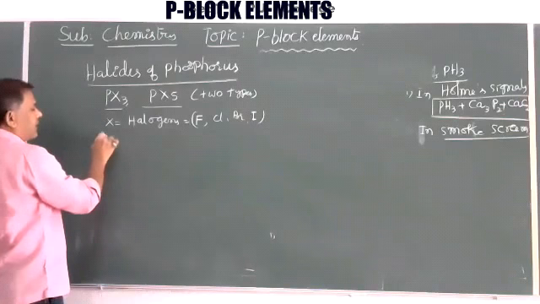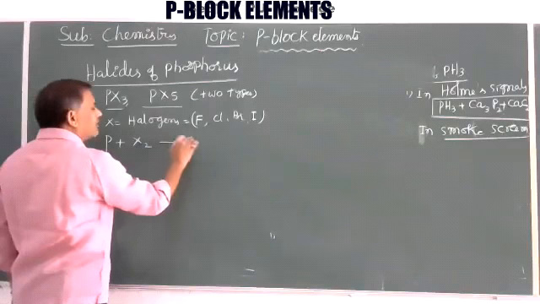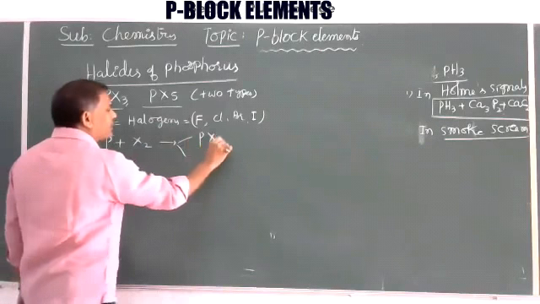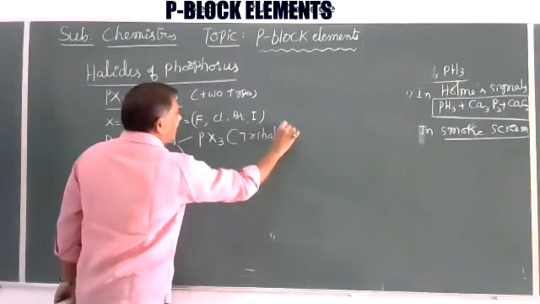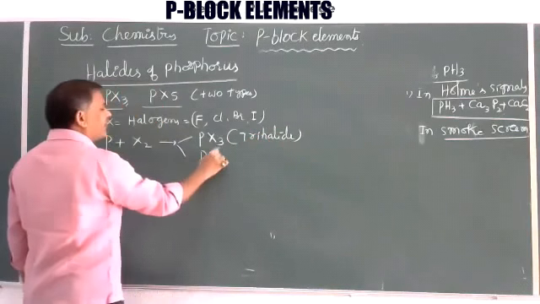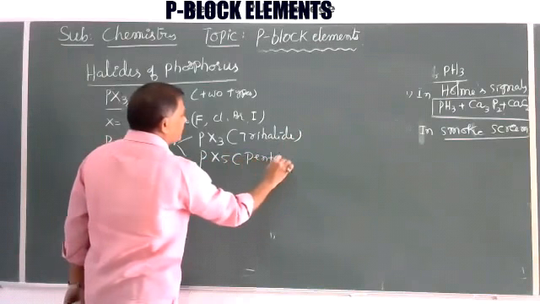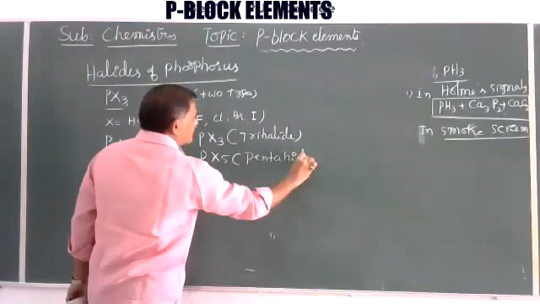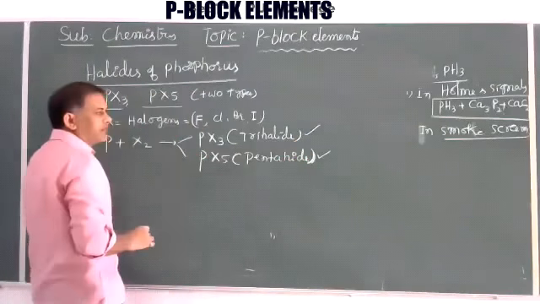When phosphorus directly reacts with a halogen molecule, it gives trihalides, PX3, and pentahalides, PX5. Phosphorus trihalide and phosphorus pentahalide, two are there.